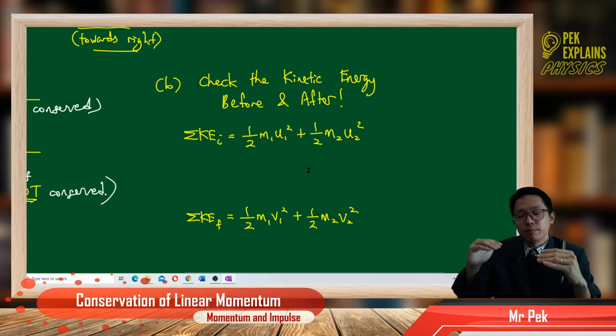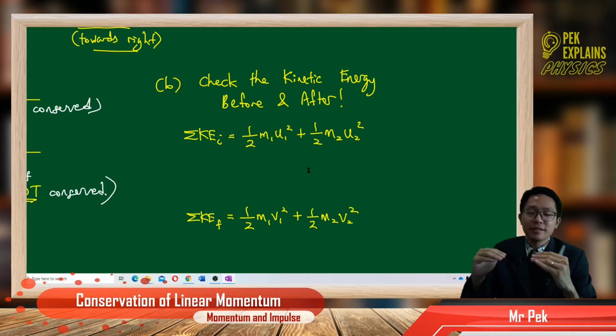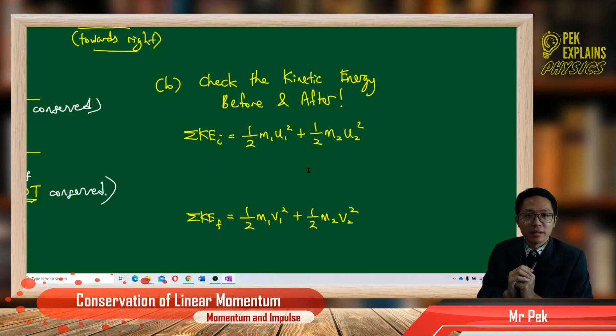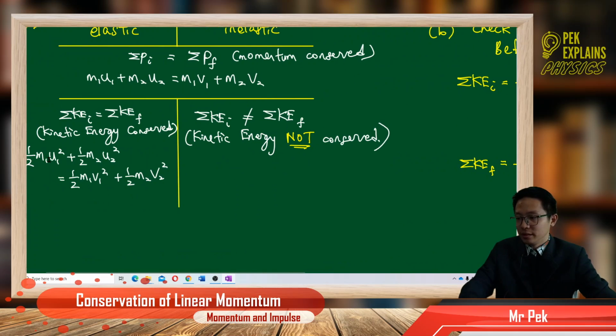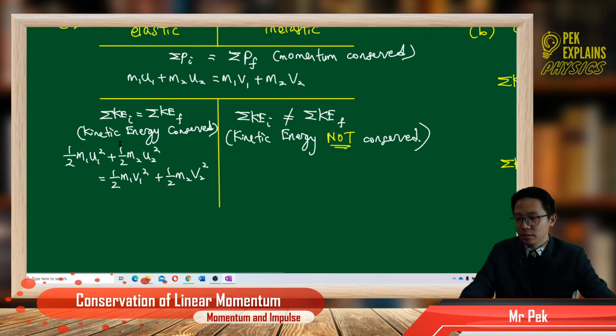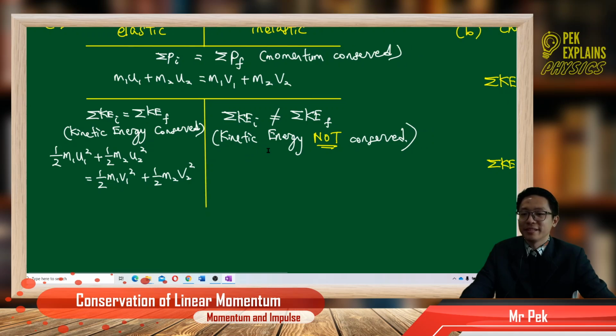If kinetic energy before is equal to kinetic energy after collision, then this is elastic collision. If the kinetic energy before is not equal to total kinetic energy after collision, then it is inelastic collision. That is the only difference between them, the kinetic energy.